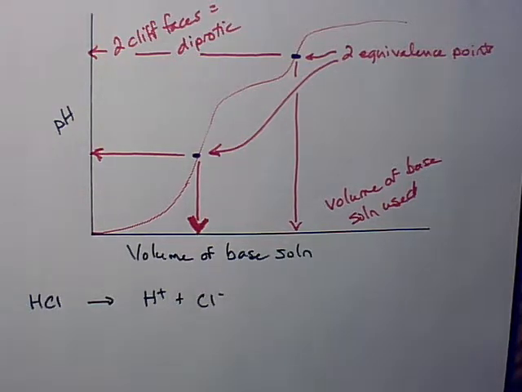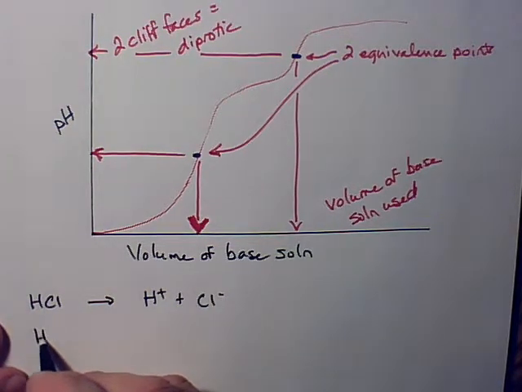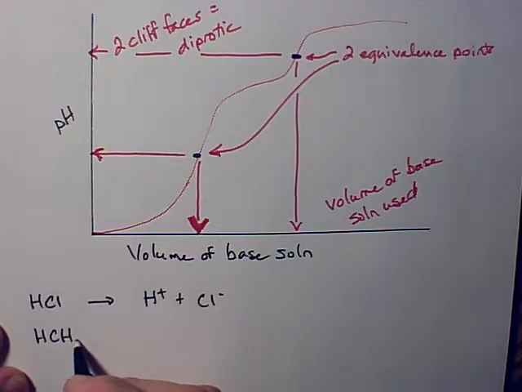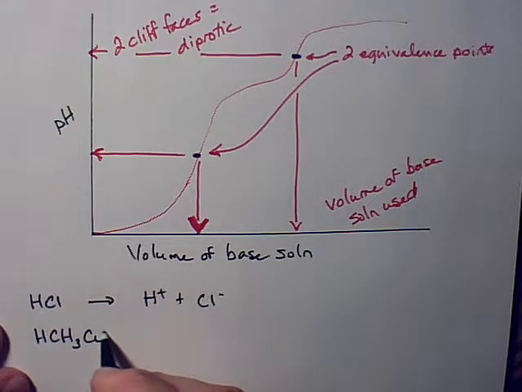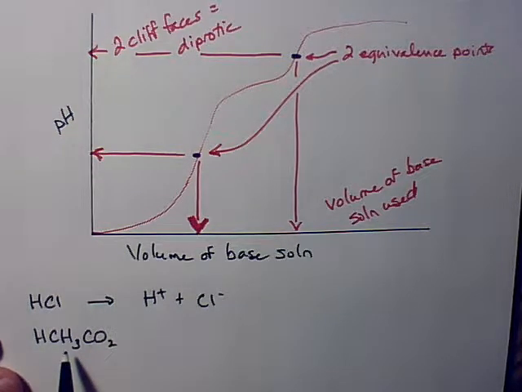Now, there are types of acids that have more than one hydrogen, but some of those hydrogens might not be available to give away as an acid. The other acid we used was acetic acid, and these three hydrogens I have in the formula here after the C are actually bonded to that carbon.